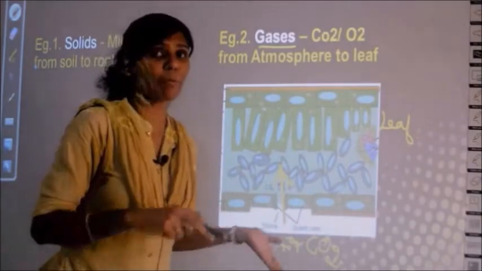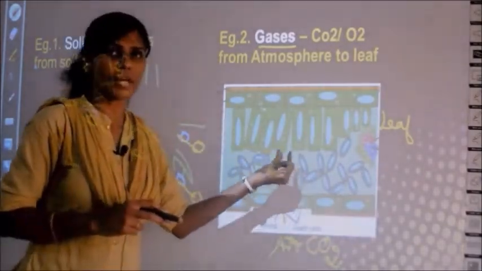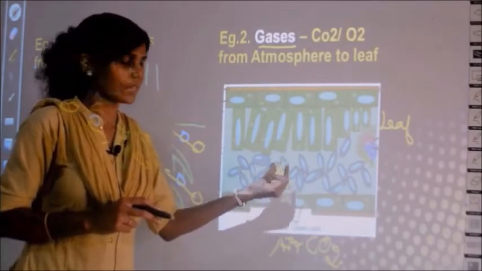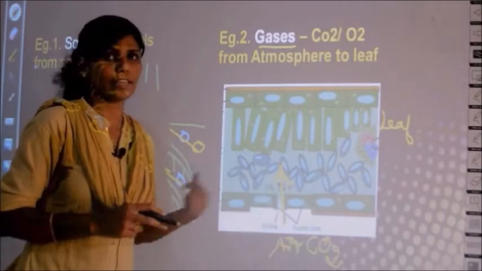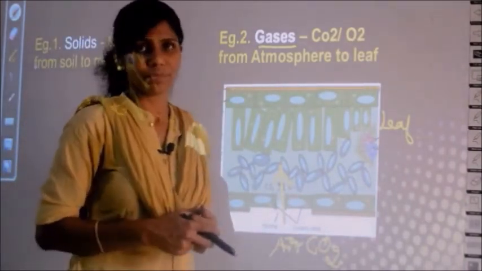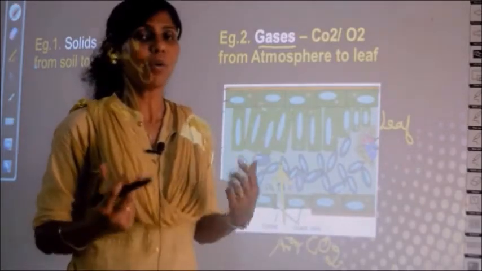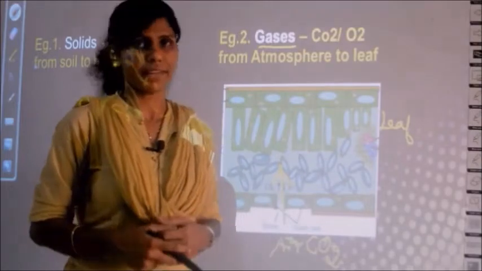What is diffusion? From high concentration to low concentration, right? So from here it is going to enter inside, from air or atmosphere into the leaf. How does this happen? By the process of diffusion. This is an example of how diffusion happens in a plant in the case of gases.